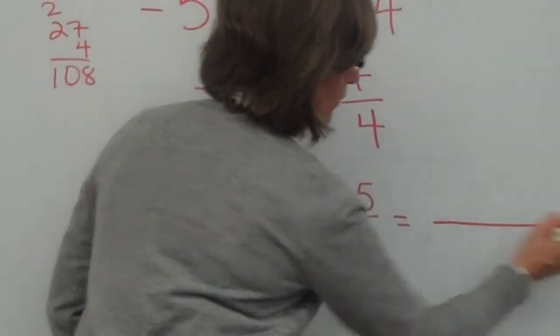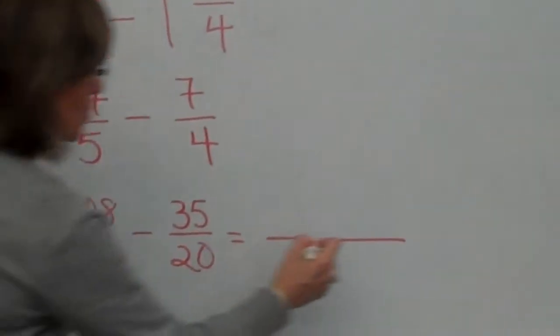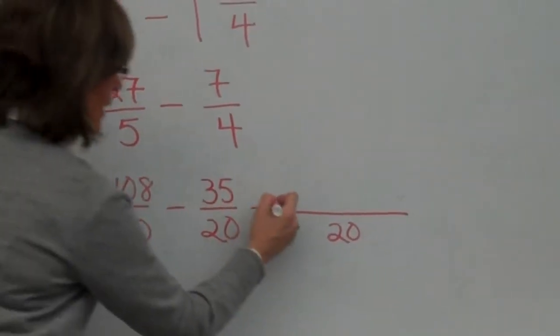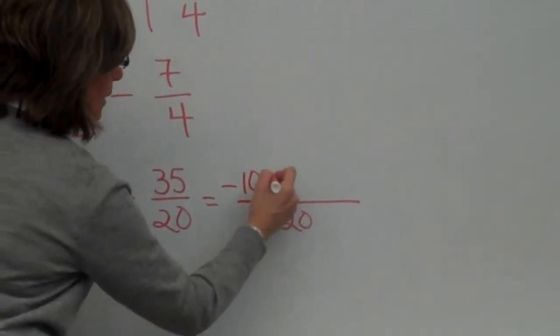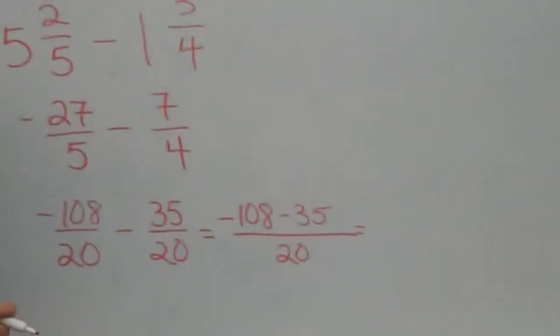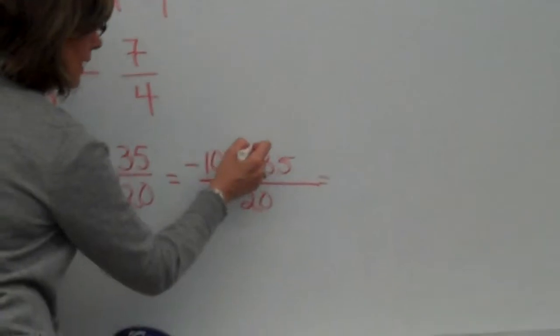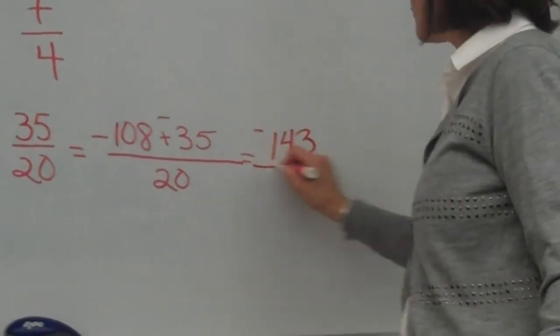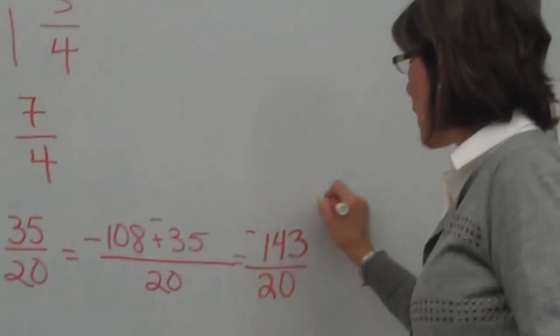Now I can make my big bar, put the 20 on the bottom, and write my problem on the top. Negative 108 minus 35. That is a regular integer problem. Add the opposite. So now I get negative 143 over 20.